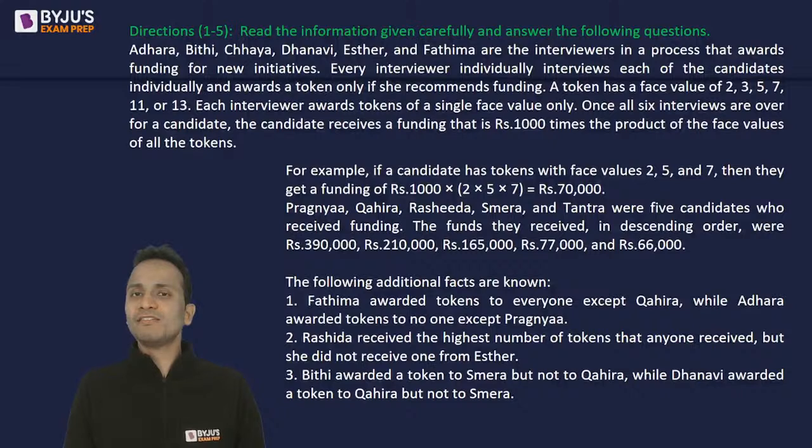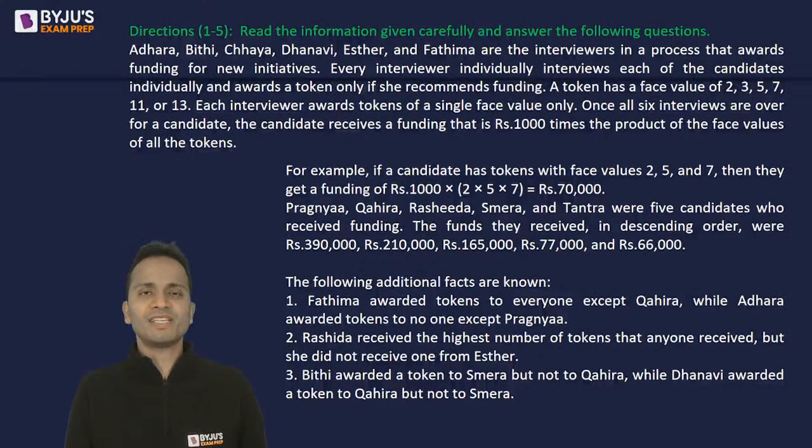So, A, B, C, D, E, F are the interviewers in a process that awards funding for new initiatives. Every interviewer individually interviews each of the candidates and awards a token if she recommends the funding. A token has a face value of 2, 3, 5, 7, 11, or 13. Does any bell ring in your mind when you see these numbers?